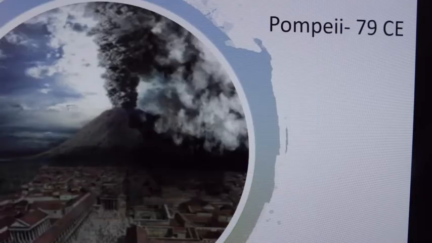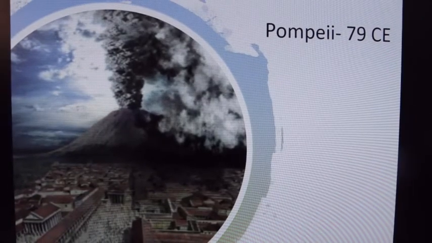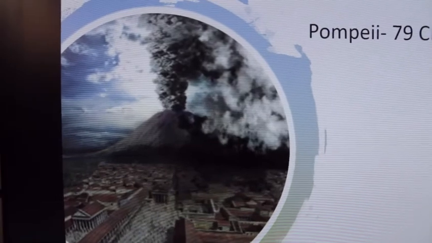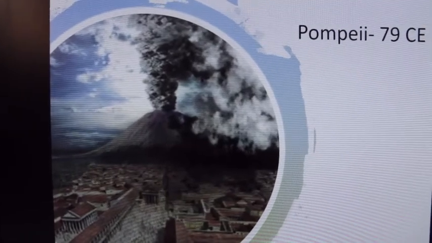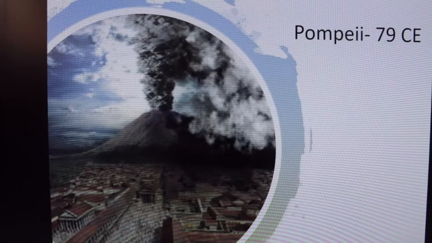But an unfortunate event for the people who lived then, but a fortunate event for archaeologists and historians, the eruption of Vesuvius preserves Pompeii, so we get a really good look at Republican Rome in the city of Pompeii.